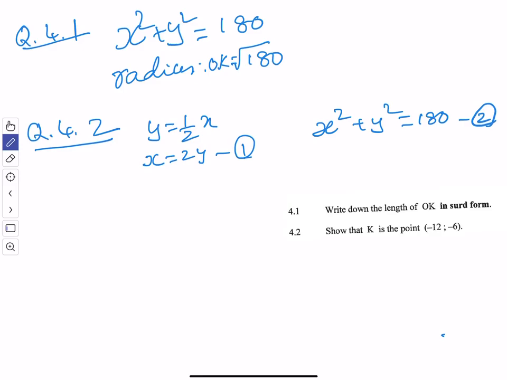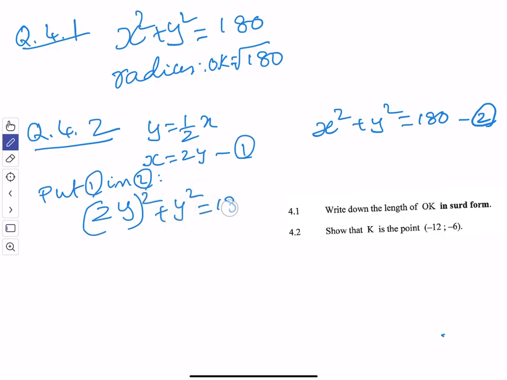That means I replace x with 2y. So very careful here. My x now becomes 2y. So I must write this bracket squared plus y squared is equal to 180. I get an equation.